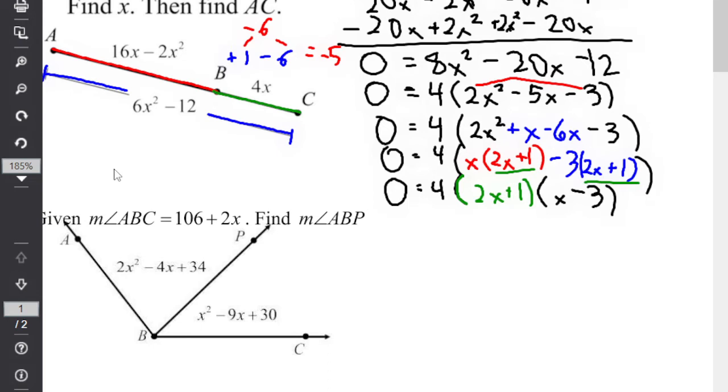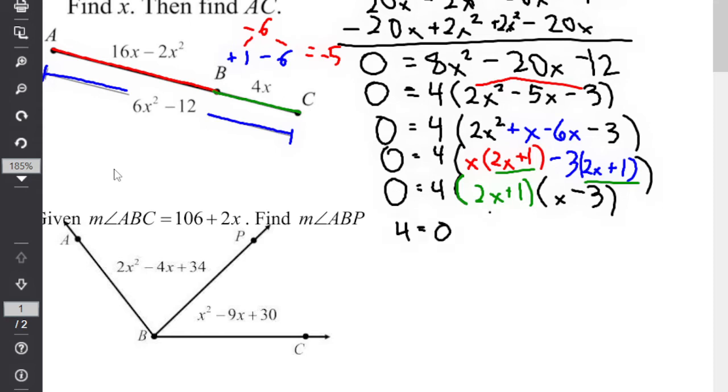So now to solve, remember the idea behind solving these, we talked about this last time, is that we have a thing times a thing times a thing is 0, which means that one of them's got to be 0. That's the only way I can multiply things together and get an answer of 0. So one of them's got to be 0.